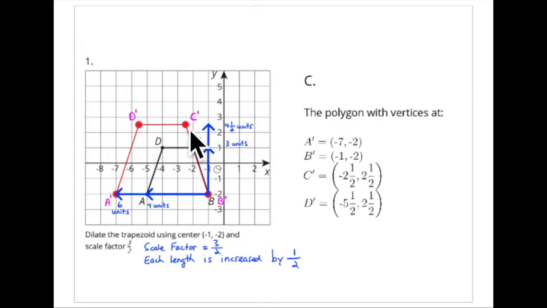So this is 1.5, another 1.5 is 3, and another 1.5 is 4.5 units. So it gets you to right there, and you can check that it falls on a straight line that goes to this vertex, falls on a straight line that goes to this vertex, and falls on a straight line that goes to this vertex.